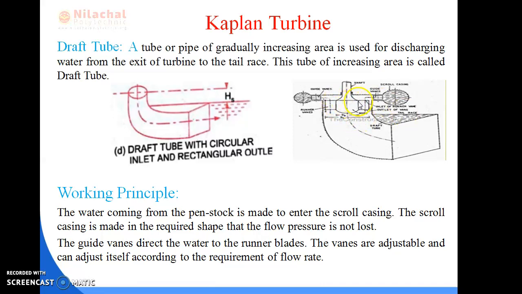From the front view, this is the outer diameter, this is the boss diameter. Now what will be the area of flow? That is pi by 4 (D0 square minus Db square) into the velocity of flow at inlet.